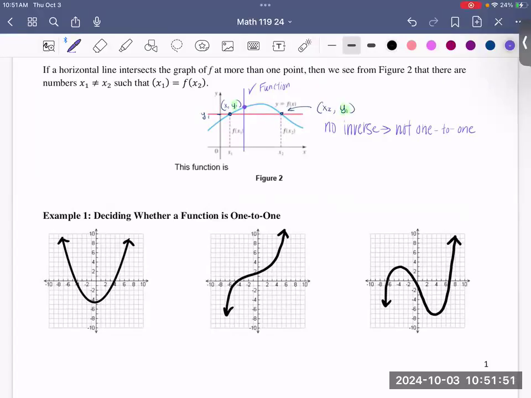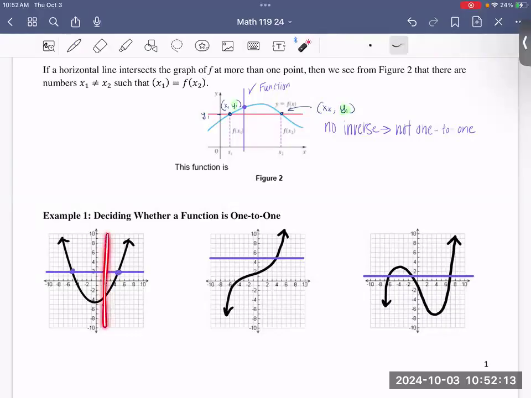Well, based on your horizontal line test, we just have to draw a horizontal line anywhere through your graph. It could be in the center, it could be at the top.